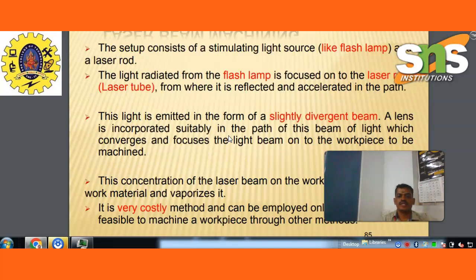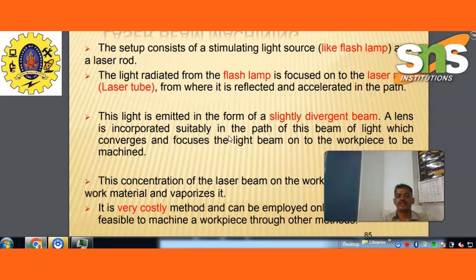In the laser setup, it consists of a stimulating light source like a flash lamp and a laser rod. The light radiated from the flash lamp is focused onto the laser rod, from where it is reflected and amplified along the path. This light is emitted in the form of a slightly divergent beam.